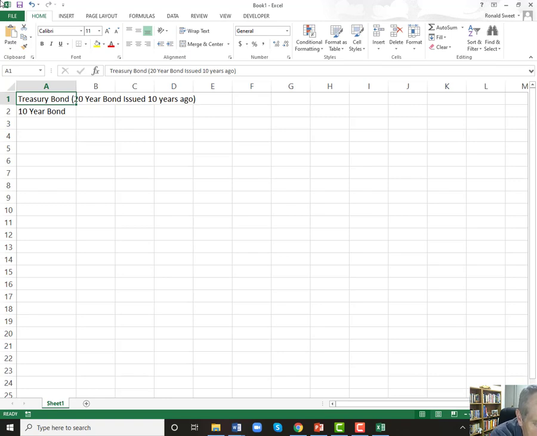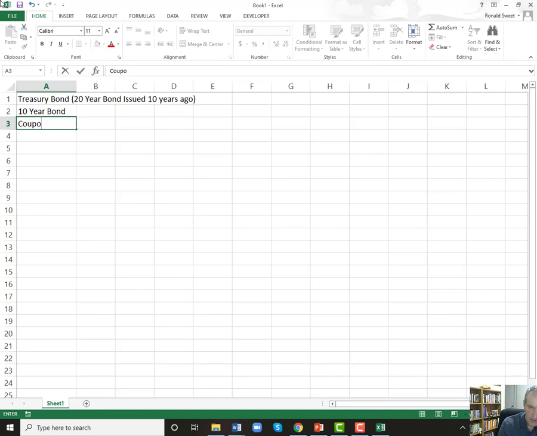Let me get that yield so we can actually see what it is. 10 years ago would be October 2011. So let's go back to 2011, just see what interest rates were back then on 20-year bonds. And yeah, about 4.5%.